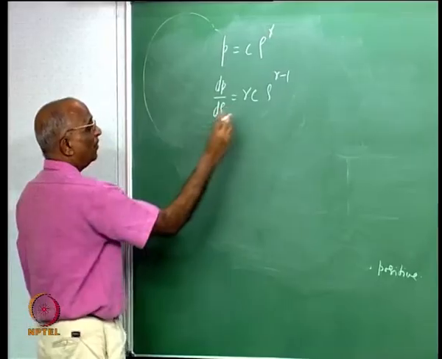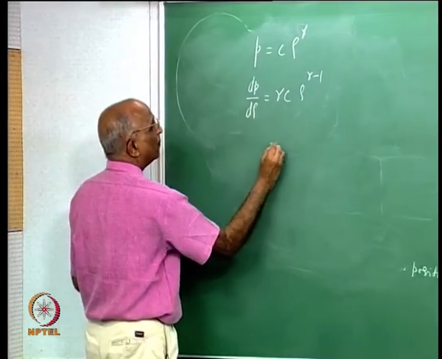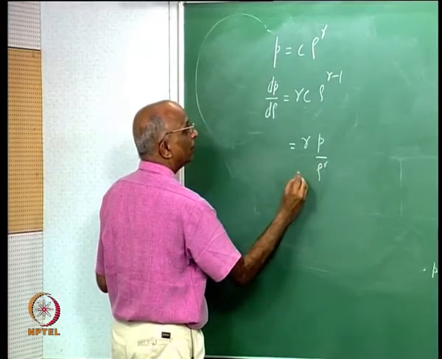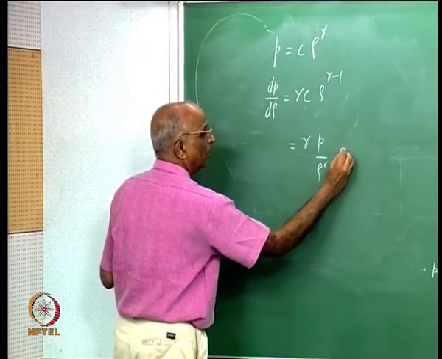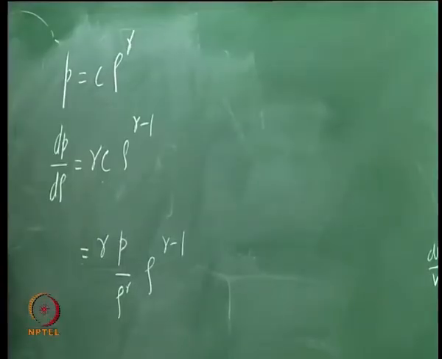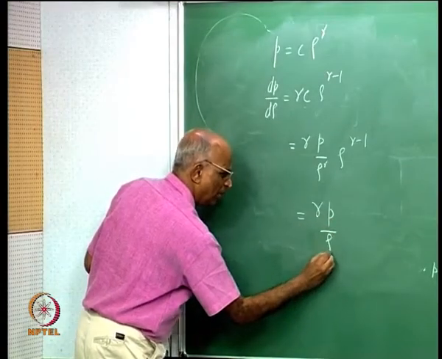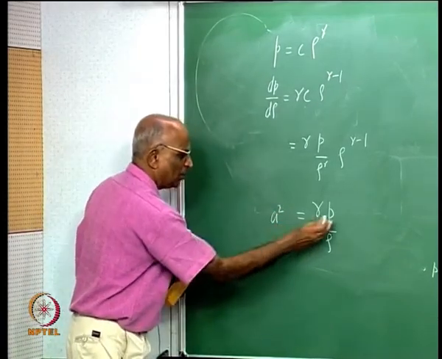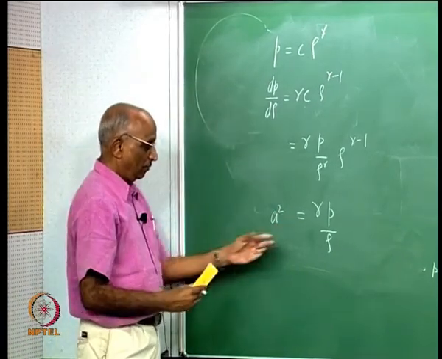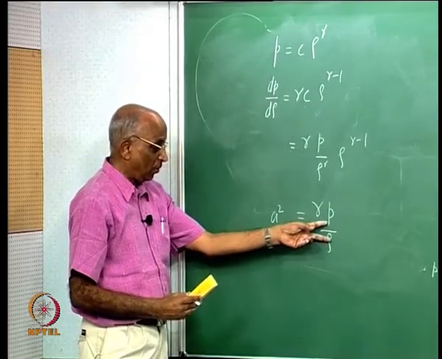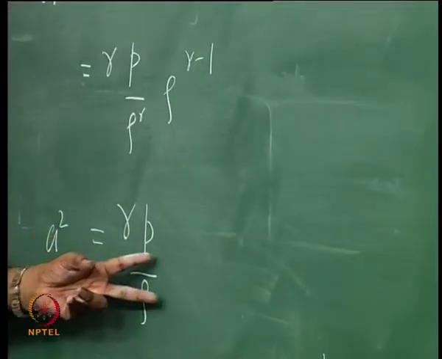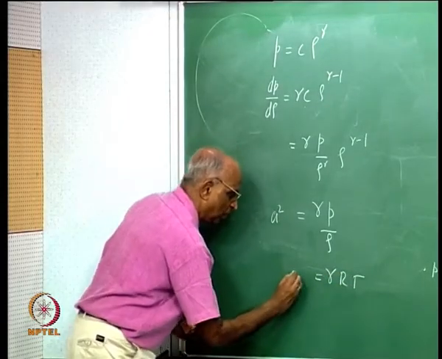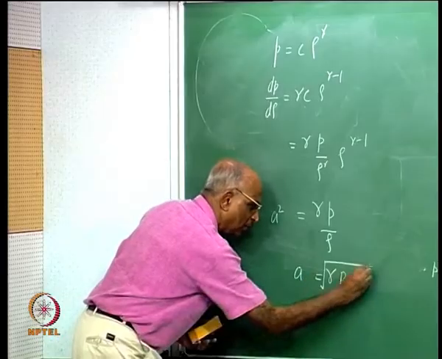Now if I write the value of c as P by rho to the power gamma, then this is equal to gamma P by rho. Therefore we find that a squared is equal to gamma P by rho, and for an ideal gas, P is equal to rho RT, so a squared is equal to gamma RT, or sound speed is equal to the square root of gamma RT.